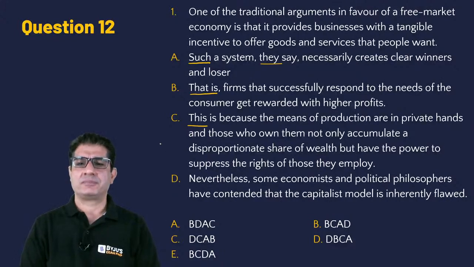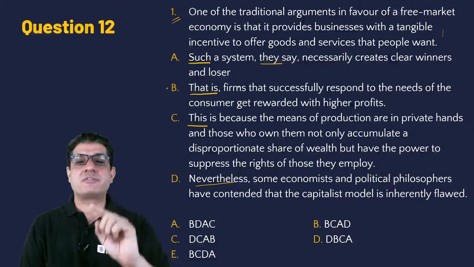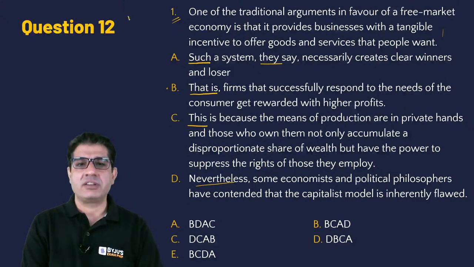This is a pronoun. Nevertheless is used to show contrast. Sentence number 1, which is fixed, talks about arguments in favor of free market economy, tangible incentive. If you look at sentence B, this is a reiteration of sentence 1, and that is why you need to have 1 plus B.